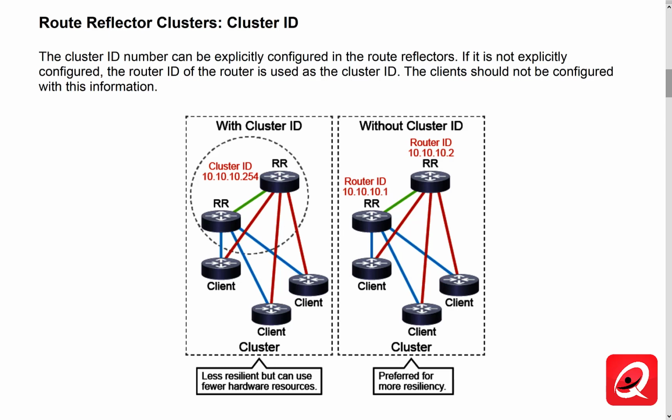The routes that actually get exchanged between those route reflectors get discarded because of that cluster list concept that I talked about previously, meaning that we see our own cluster ID in the information that's being shared. In the right side of this particular diagram, we have a cluster ID on the left of 10.10.10.254. And on the right side, we have a cluster that's configured without the cluster ID.